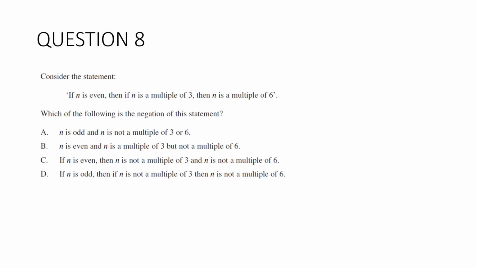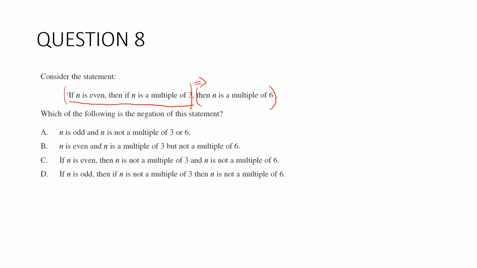Question 8. If n is even, then if n is a multiple of 3, then n is a multiple of 6. This is poorly worded, this question, and done probably deliberately to trick you. This is all the premise here: if n is even, and then if n is a multiple of 3. This implies this.